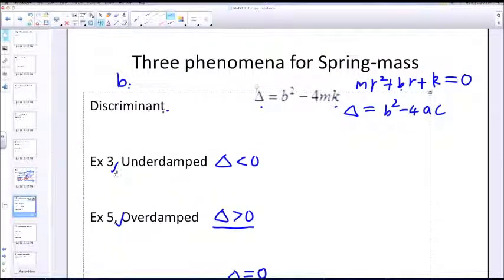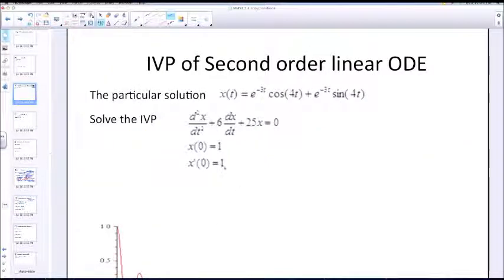And how about example 3? Example 3 is r squared plus 6r plus 25 equals 0. And then your delta, in this case, let me show you, you may forget, that's example 3. Can you see it?